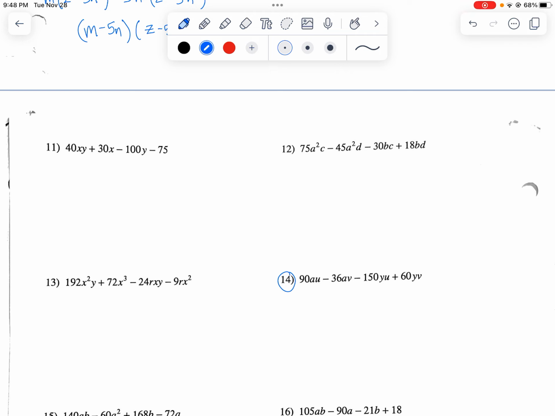So let's go with 6 on this one. Let's take out a 6. 6 goes into 90, that would be 15au minus 6av minus, let's see, 6 goes into 150, 25yu plus 10yv.